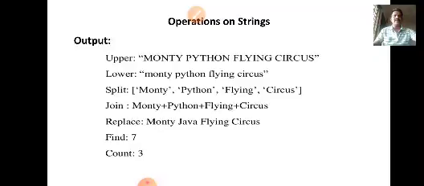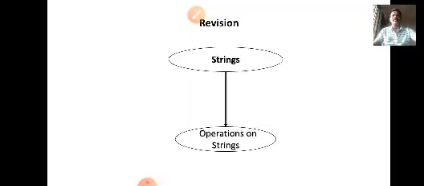So then it splits Monty Python flying circus separately. Then string.join means Monty plus Python plus flying circus that are connected using the plus operator. String.replace means Monty is replaced with Java flying circus, right? Find 7, then count is equal to 3. Okay, these are the examples for those functions.